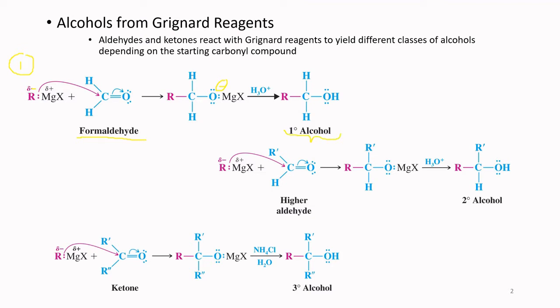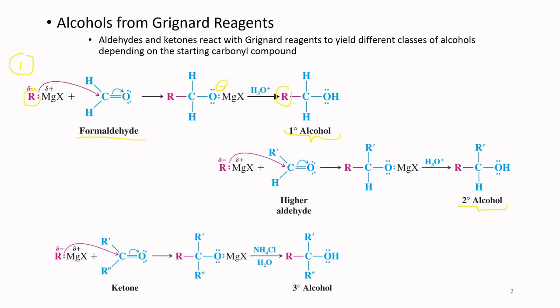Note that it is a primary alcohol because the Grignard reagent only has one R group, while the formaldehyde does not have any R group. So you can see in the primary alcohol only one R group, which comes from the Grignard reagent. The second example, when we use a higher aldehyde, will result in a secondary alcohol.